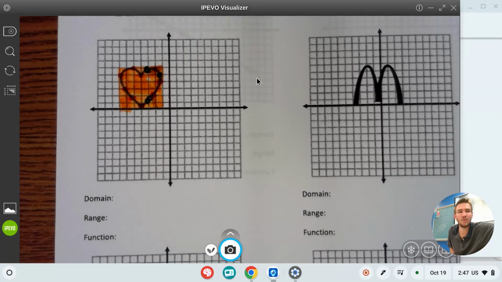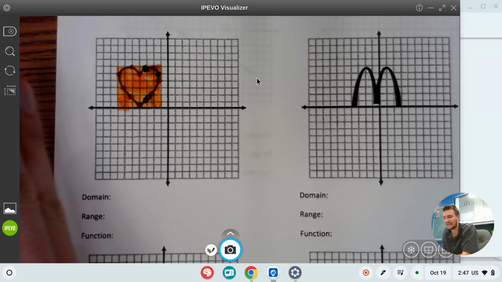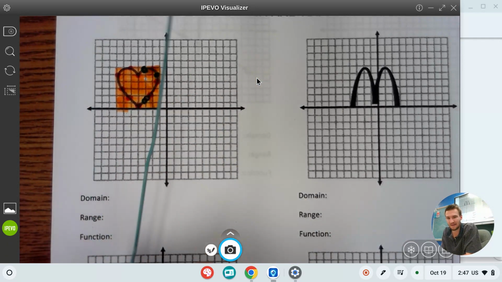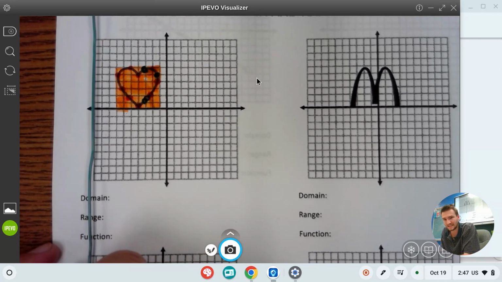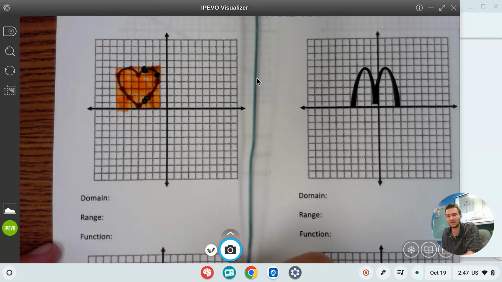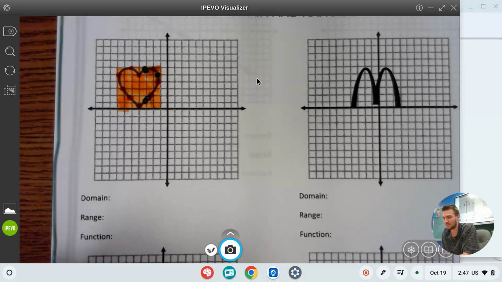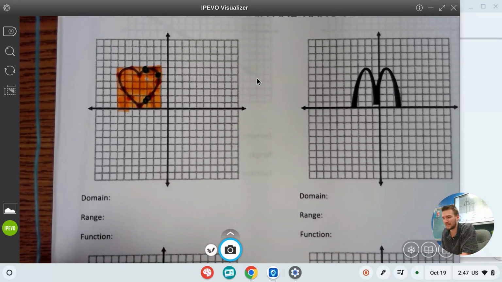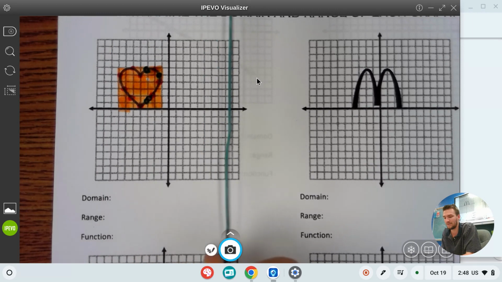And when it talks about domain, and remember domain is our left and right direction, we're going to think about where is that heart, almost like we have some sort of high-tech sensor. Imagine this, we're scanning for the heart, it's like beep, beep, beep.